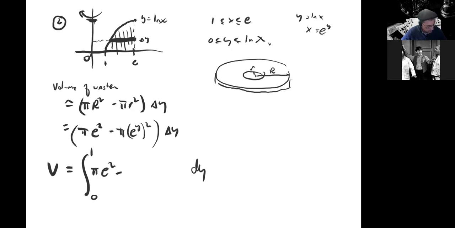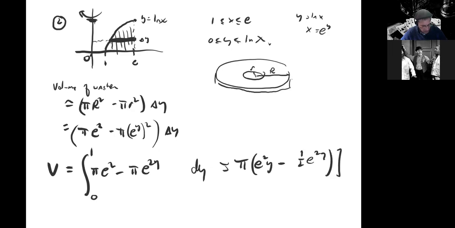pi e to the y squared, which is pi e to the 2y. So if we factor out a pi, we get e squared times y minus the antiderivative of e to the 2y, which is 1/2 e to the 2y. This is from 0 to 1. Okay, and if we evaluate this, we get pi.